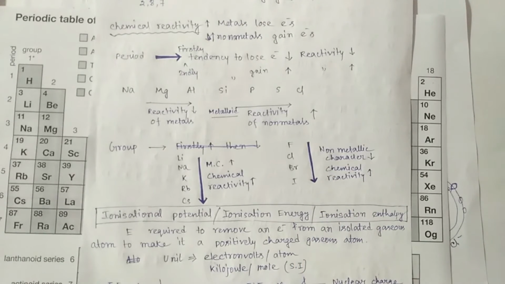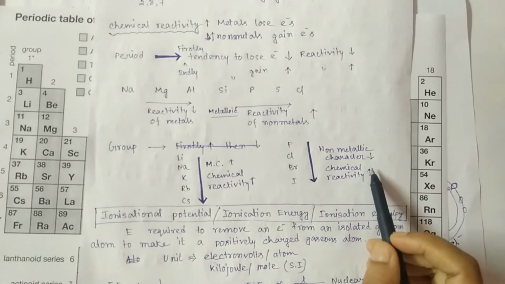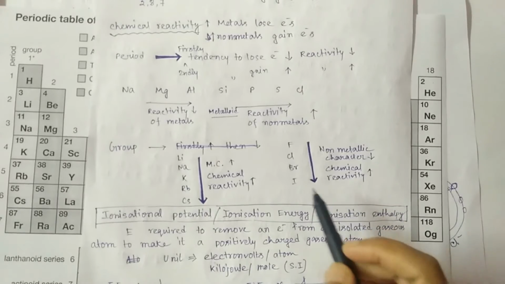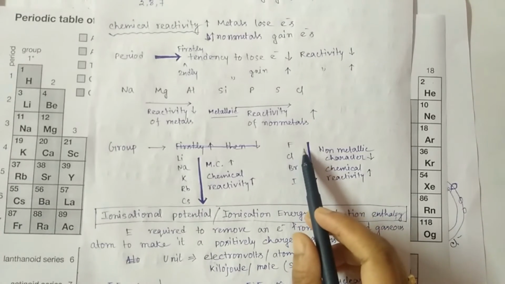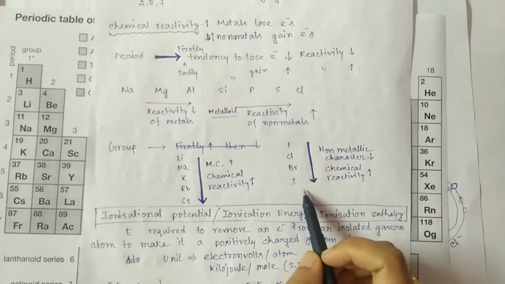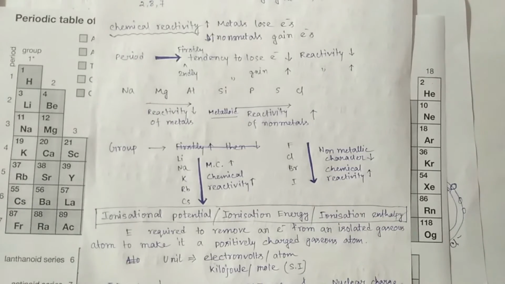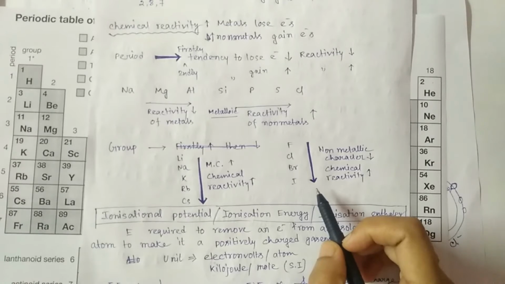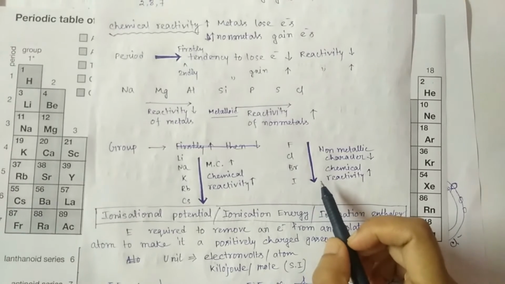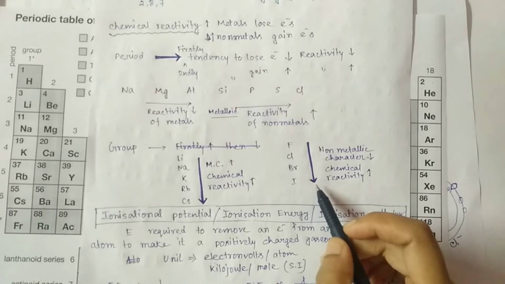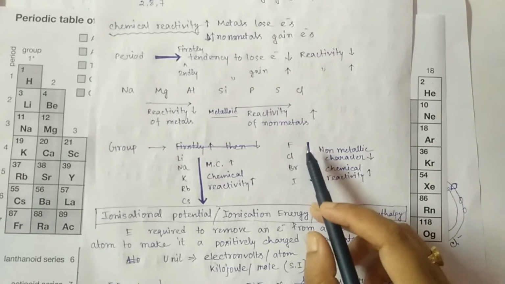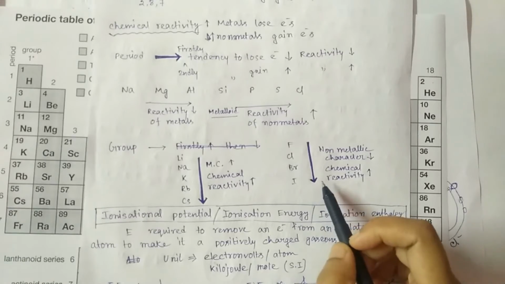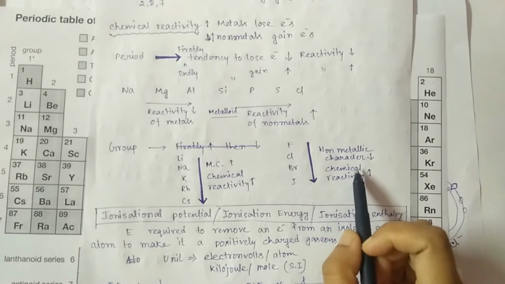That is why we see that the non-metallic character decreases as we go down from fluorine to iodine, because the atomic size increases, and the outermost shell of iodine faces less nuclear pull than fluorine. That is why its non-metallic character gets reduced.